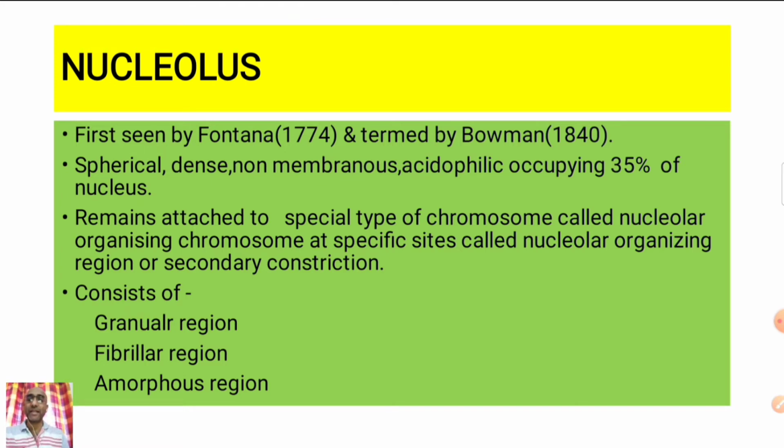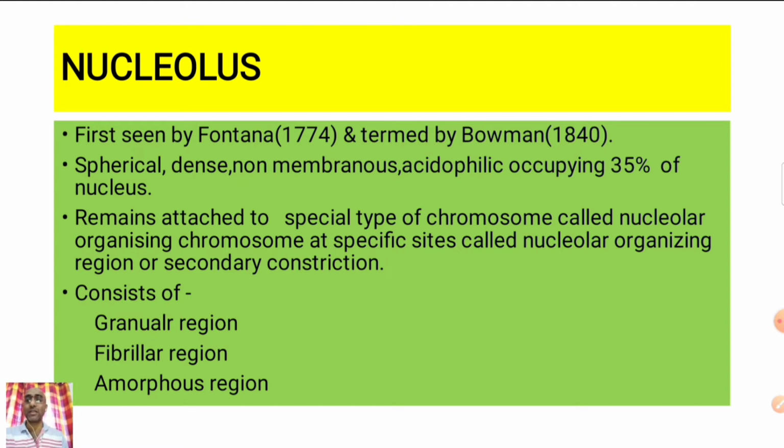It remains attached to a special type of chromosome called nucleolar organizing chromosomes, at specific sites of those chromosomes, and those specific sites are called the nucleolar organizing region or secondary constriction.